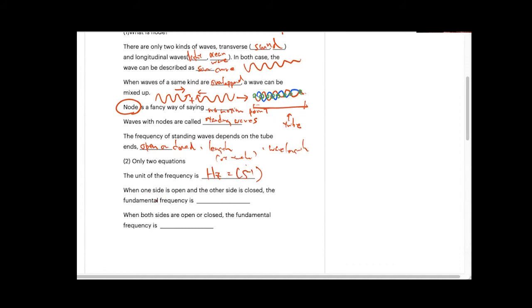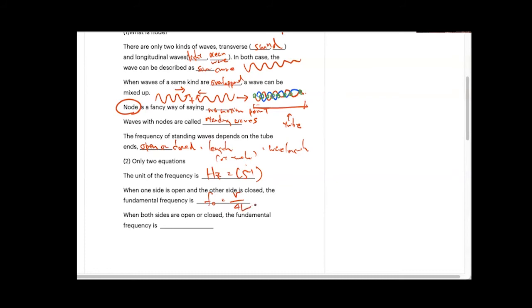For example, when one side is open and the other side is closed, the fundamental frequency can be calculated as F0, which is usually the fundamental frequency, equals V, the velocity of the wave, divided by 4L.